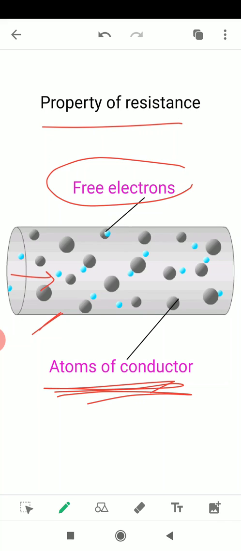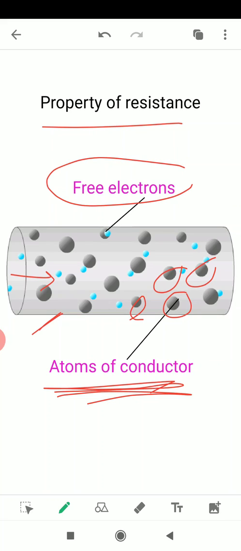These free electrons face some difficulty in flowing. Why? Because atoms of the conductor are present in between. So the free electrons are not easily moving through this conductor, they collide while moving, so their speed becomes slower.